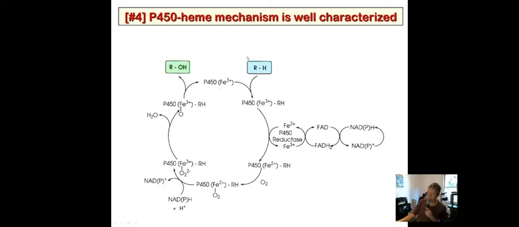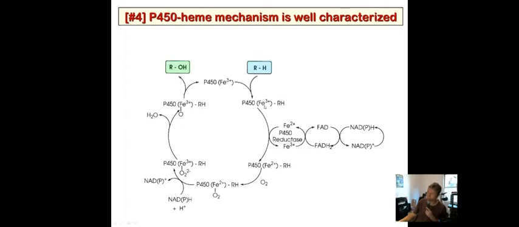Kind of coming into the catalytic cycle is RH, which is our molecule, our substrate for P450, which will be oxidized. And coming out will be ROH, so that'll be the oxidized form of the molecule. So they're ultimately oxidizing the molecule from RH to ROH.